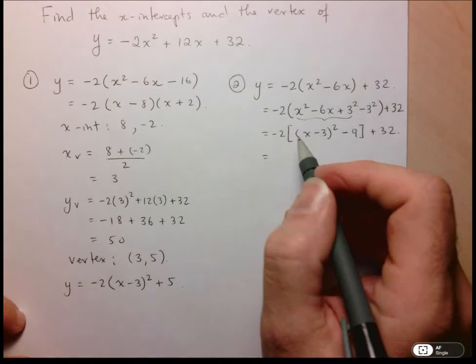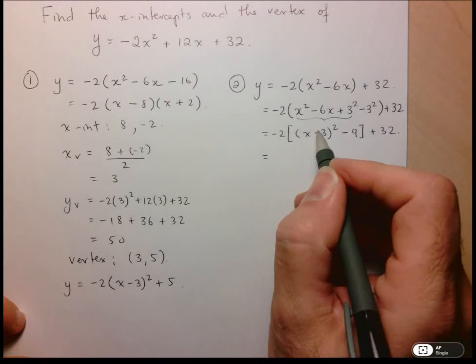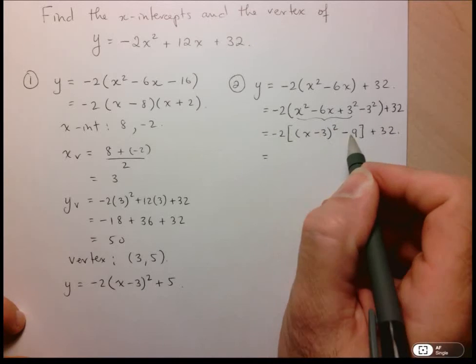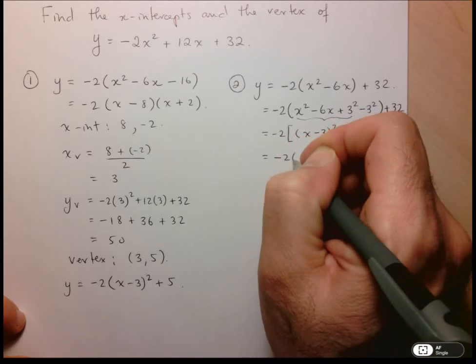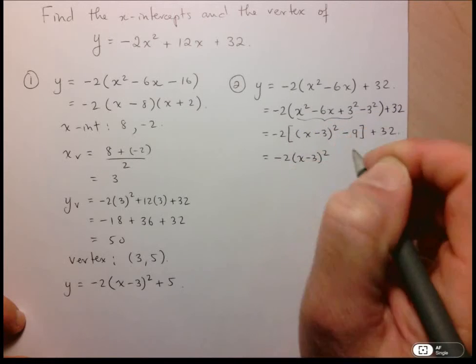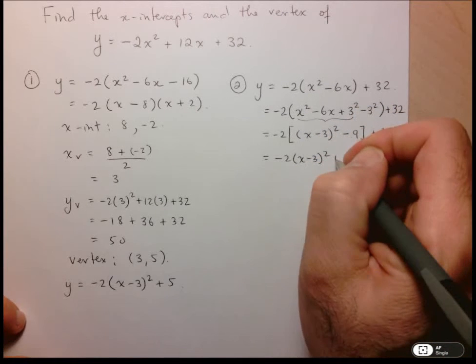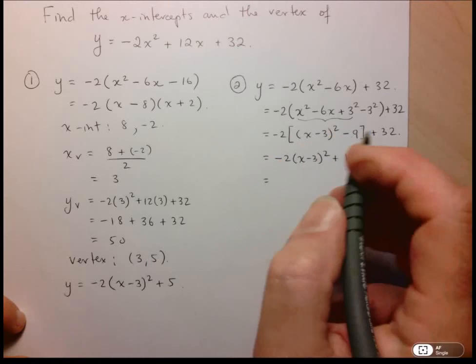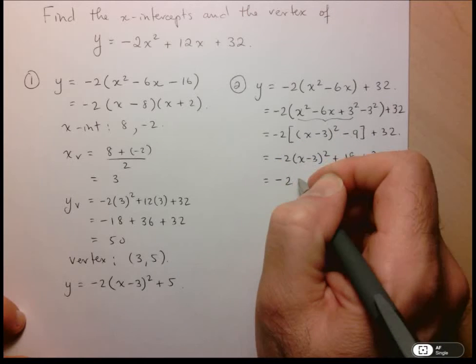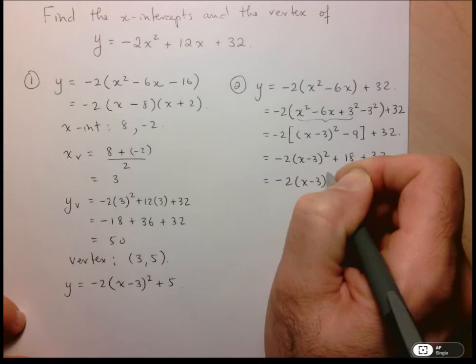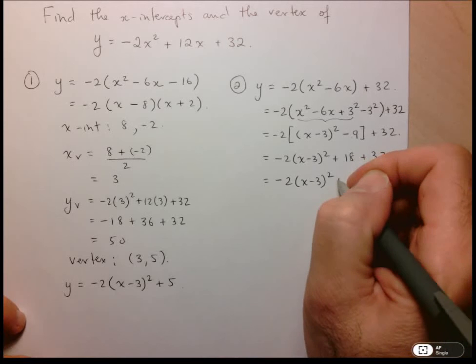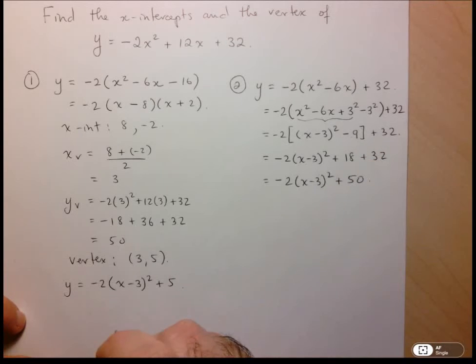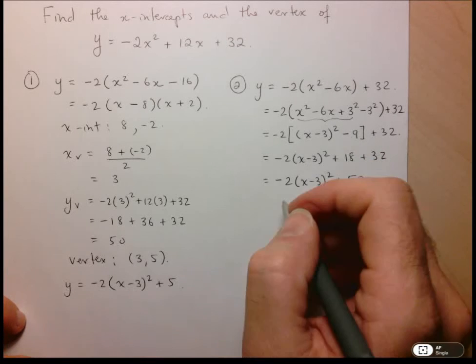So the first thing I'll do is distribute the negative 2 to both the first and the second term. So we've got negative 2 times x minus 3 squared. Negative 2 times negative 9 is plus 18. And here we have negative 2 times x minus 3 squared, and 18 plus 32 is plus 50, which we see is exactly what we got before.